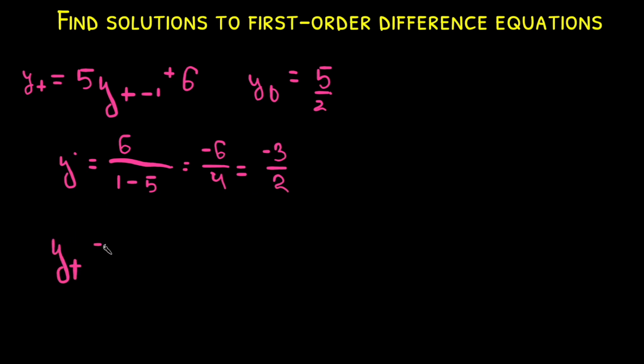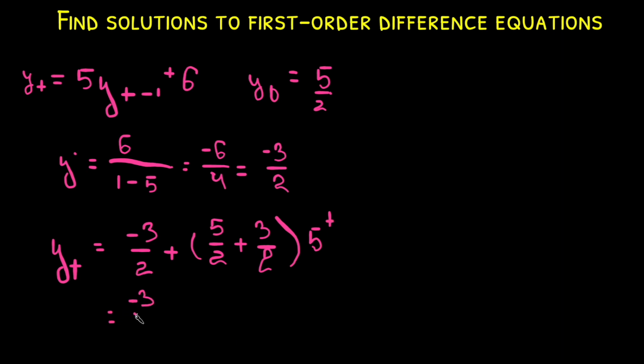Now we can find the general solution: yt equals minus 3 divided by 2 plus parentheses 5 divided by 2 minus minus 3 divided by 2, which becomes plus 3 divided by 2, times 5 to the power of t. Now we add minus 3 divided by 2 plus 8 divided by 2, which becomes 4, times 5 to the power of t. And this is the general solution.